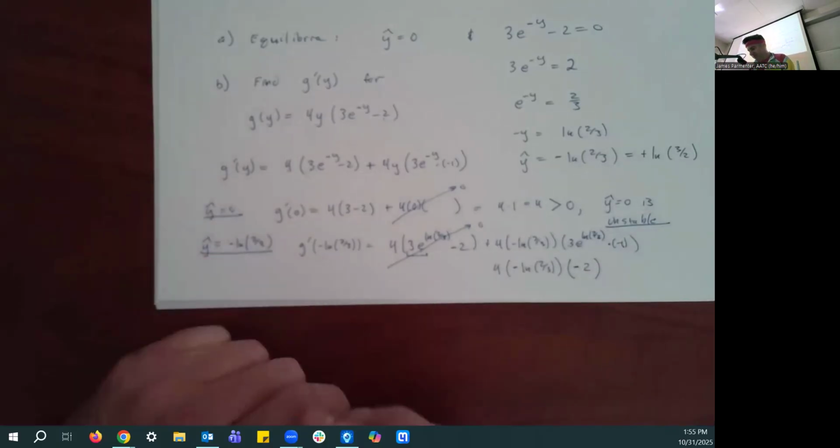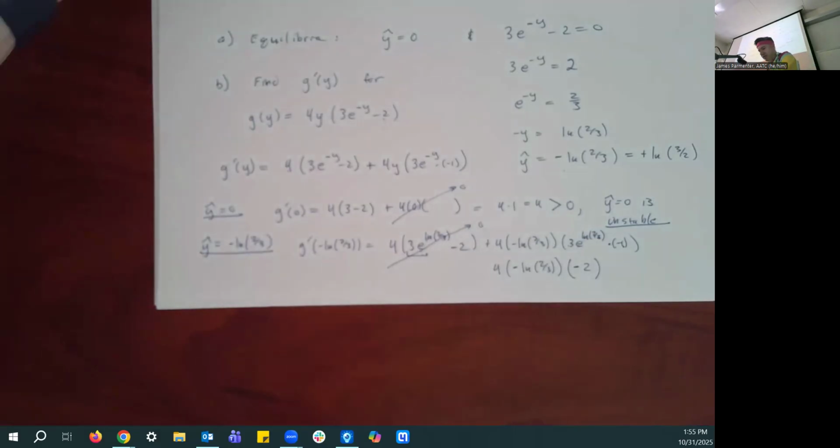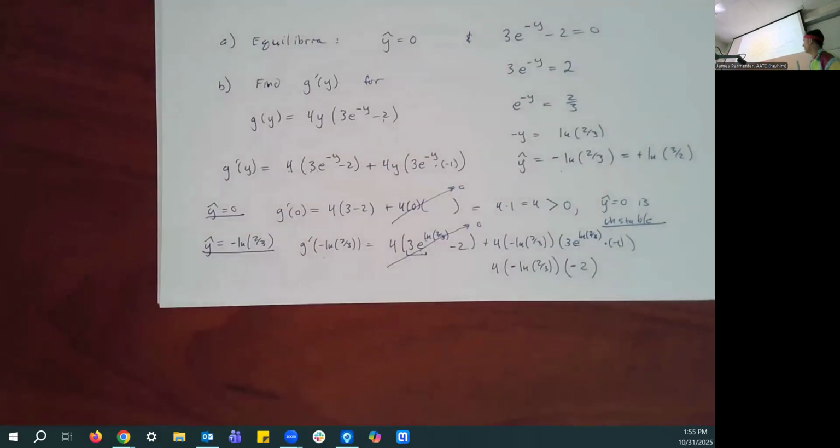All right. This is tricky. If you looked at this without doing enough analysis, you might look at those 2 negative signs and think this whole thing was positive. And it's not, because natural log of 2/3 is a negative number, because it's natural log of a number that's less than 1.